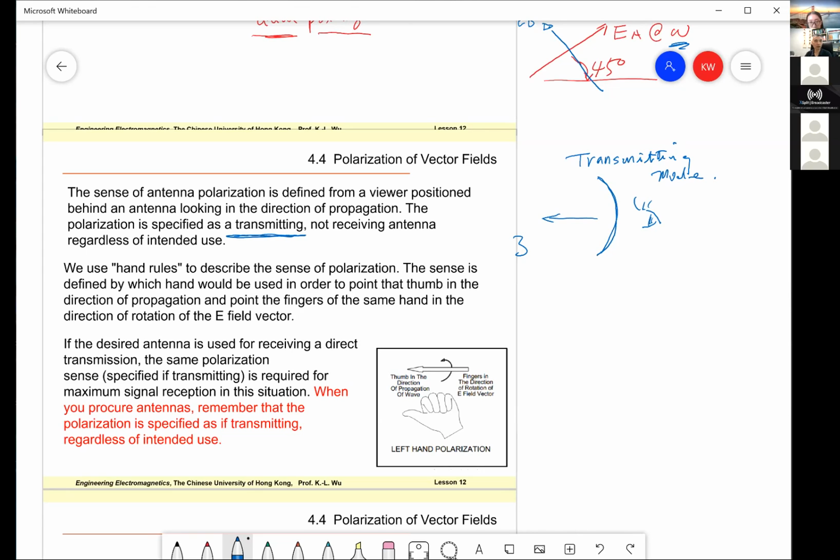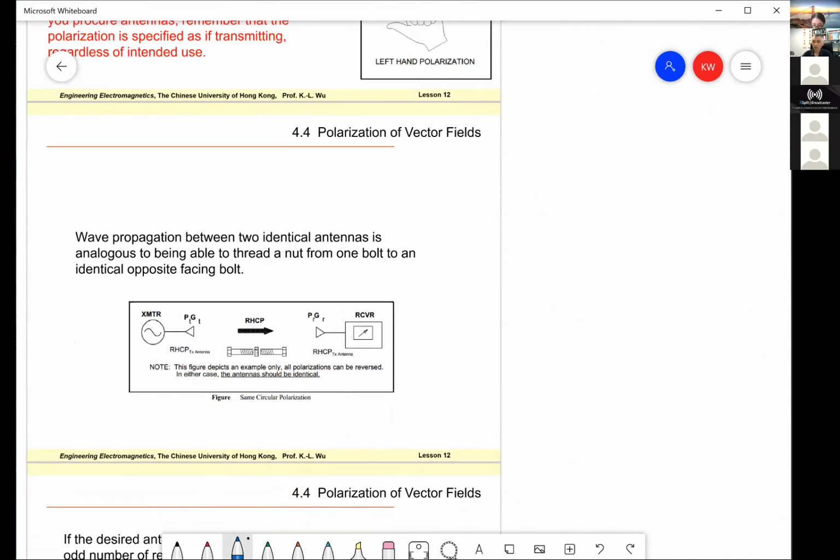If your boss tells you the wave is a right-hand polarized wave, then you also buy a right-hand polarized antenna, even though it is defined for transmitting mode, and it is also used in receiving mode. So for transmitting and receiving, for the same kind of wave, we use the same type of antenna.